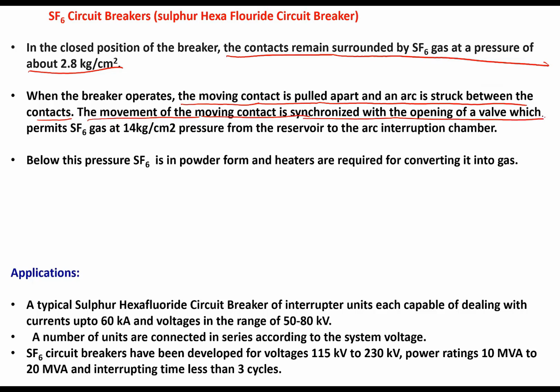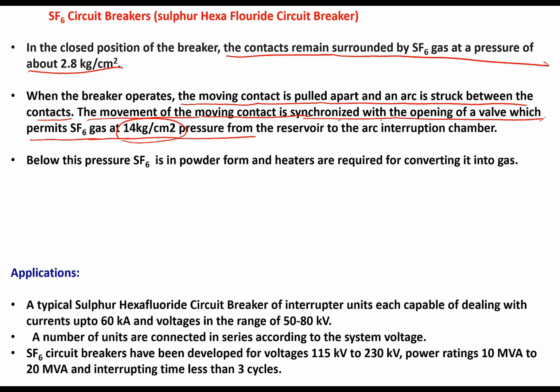As I said, whenever you get a trip command, it will not only activate the circuit breaker, it will also activate a valve which opens, and immediately high pressure of air, in case of air blast circuit breaker, or high pressure SF6 gas here, is injected into the portion between the fixed and moving contact.